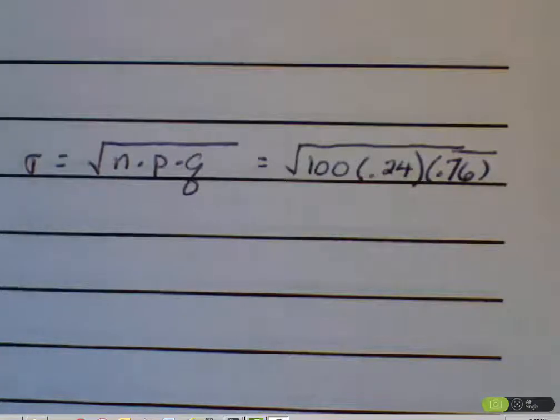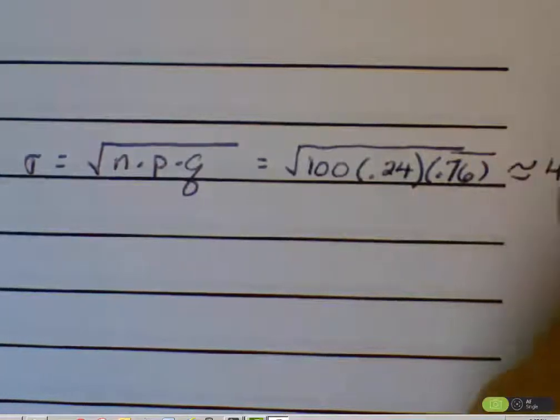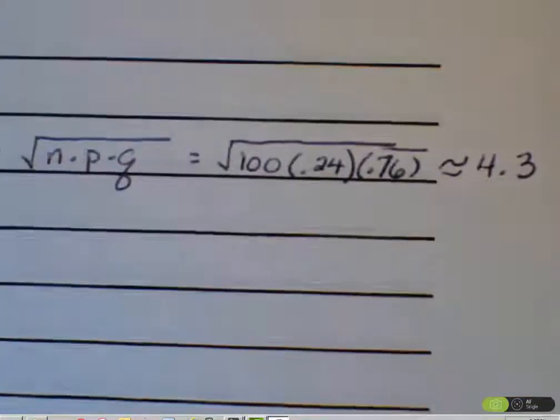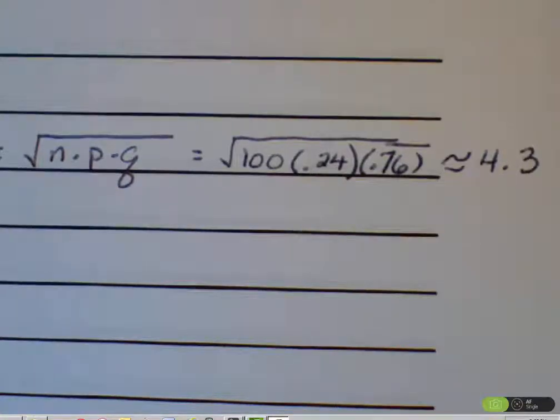So the square root of 100 times 0.24 times 0.76 is about 4.3. So I'm expecting 24 blue M&Ms with a standard deviation of 4.3.